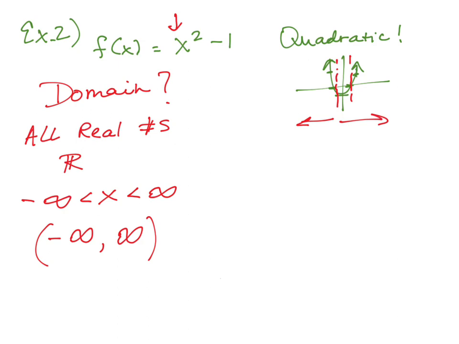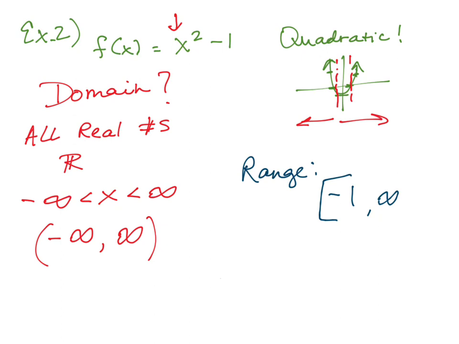Okay. What's the range of this function? -1 to infinity. You see that those arrows are going up forever and ever? They're never going to stop. -1 to positive infinity. What kind of bracket do I have at -1? Square.